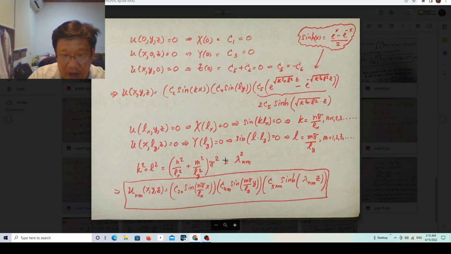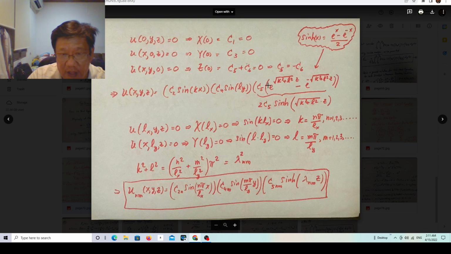And you can see that c sub 2 relies on n, since this is a multiplication of this term of k. And c sub 4 relies on m, because this one is an L function, the sine of L times y.